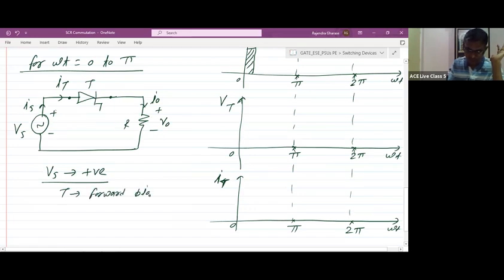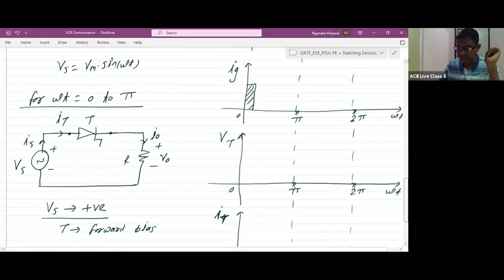Now, as we know, in order to turn on the SCR by using the gate signal, what is the very first requirement? First of all, we need to check whether the SCR is in a forward bias mode or not. Yes or no, right? So when Vs is positive, the thyristor is in a forward bias mode.